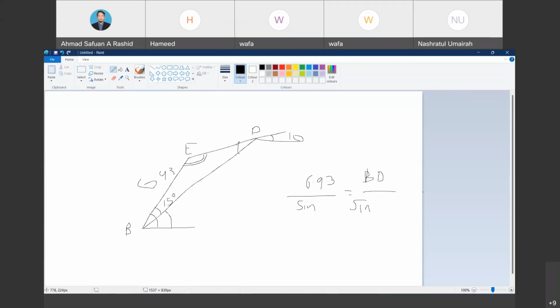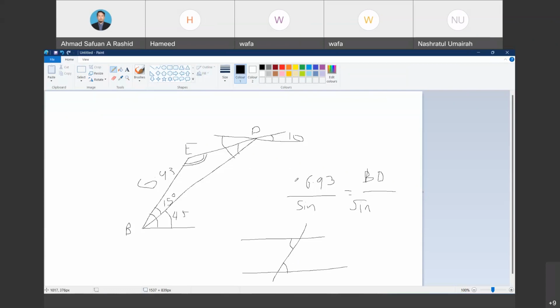So first we begin with this one, because we have the information of 10 and also the information of 45 here. So as usual, this degree is equal to the other opposite degree. So for this case, when we draw a line there, this should be 45 in total.